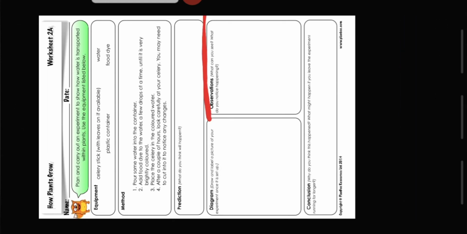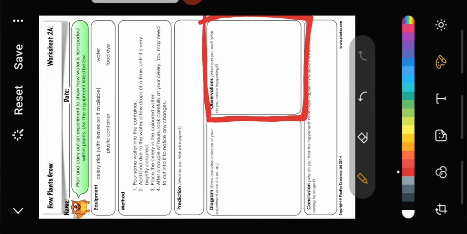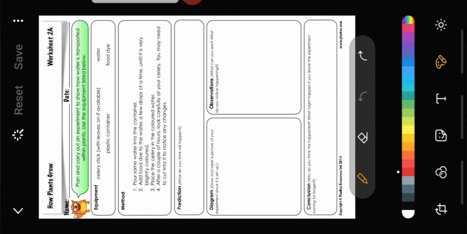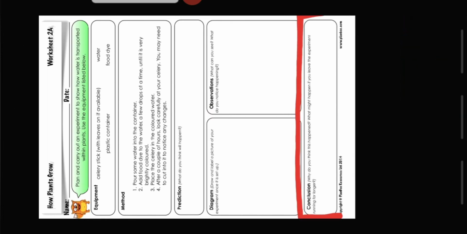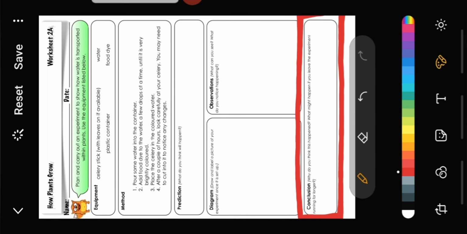And then we're going to look at our observations, which is what happened, what changed, what has happened to the celery in the glass. And then, you can't do this now, but you're going to have to do this once you've done the experiment. You're going to think about why it happened. And I want you to talk about what we learned about the way that water is moved around the plant, how it is transported around the plant.